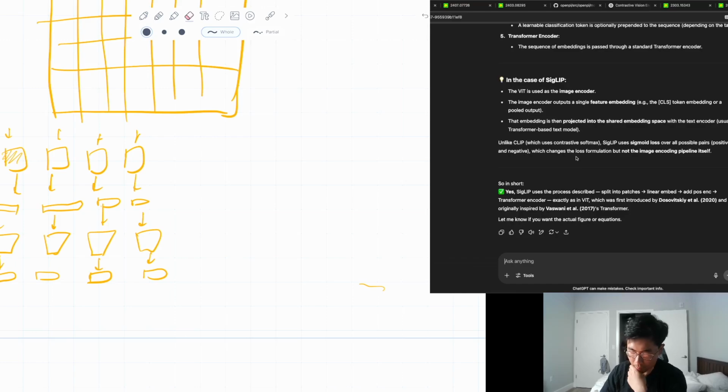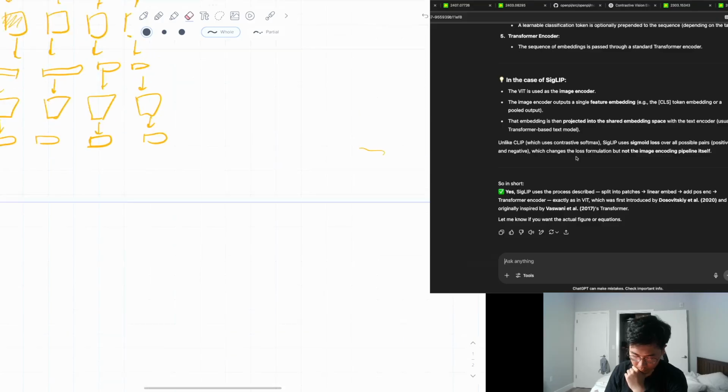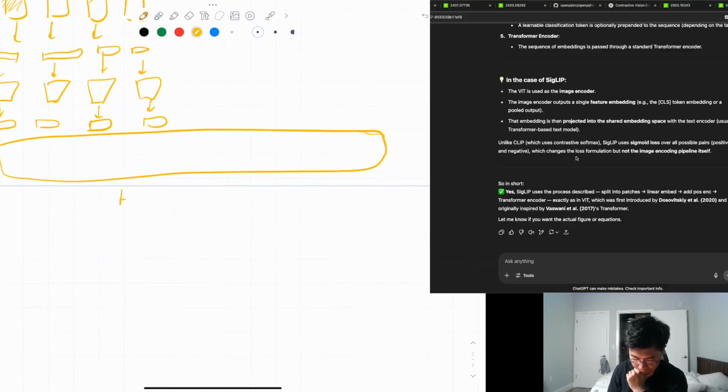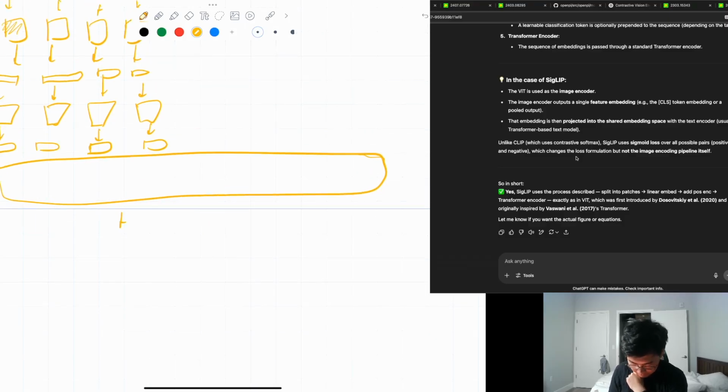And then you go through this, and you have a transformer, and what you output is some latent representation of what these images represent, right?